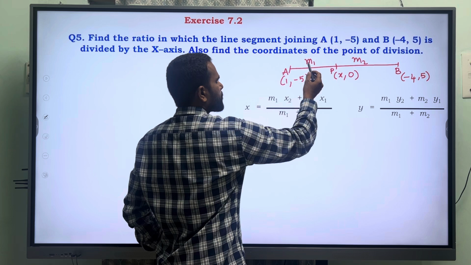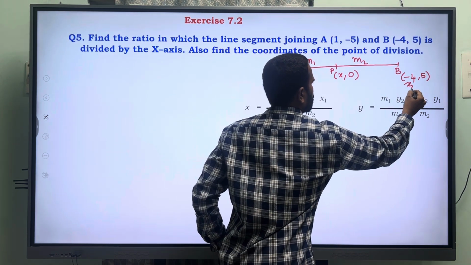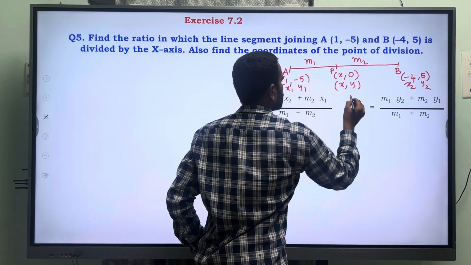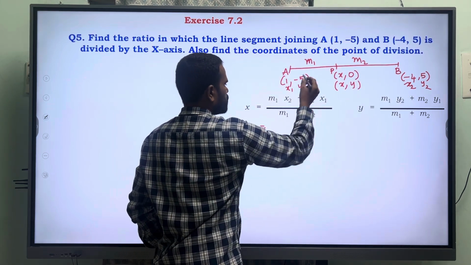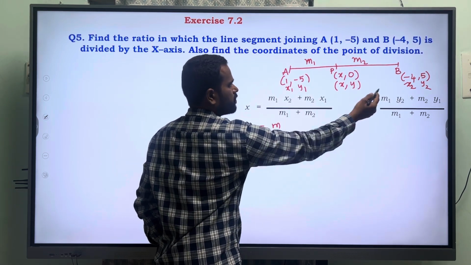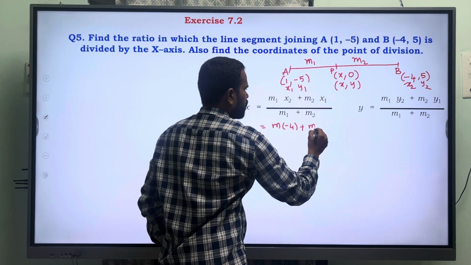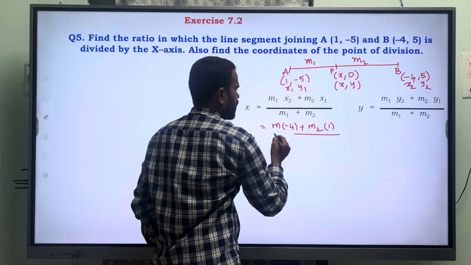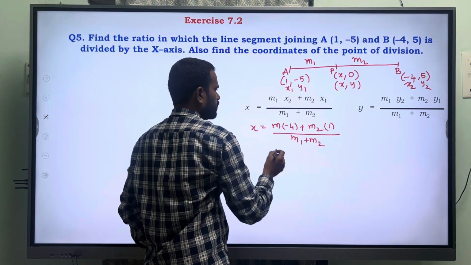See here, this is x1 y1, x2 y2, this is x comma y. m1 x2, m1 is how much we don't know, x2 is minus 4, plus m2 we don't know, and x1 is 1, by m1 plus m2 is equal to x.